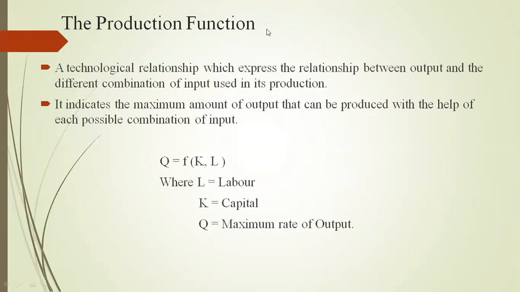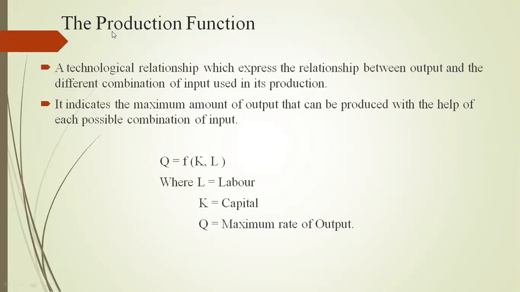Inputs could be land or labor, or a combination of the four things we have discussed: land, labor, capital, and entrepreneurship. When we maintain a mathematical or technological relation between them, it is called your production function.